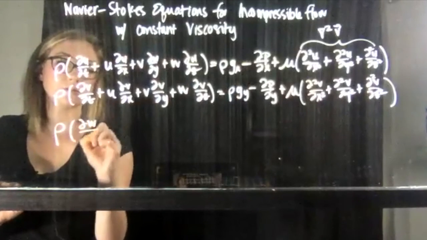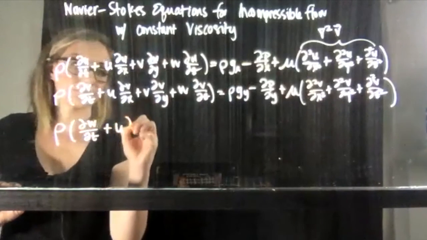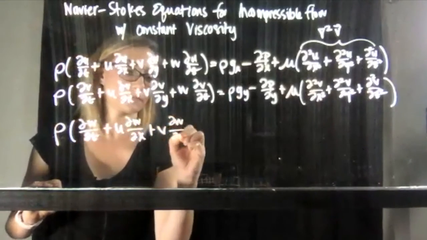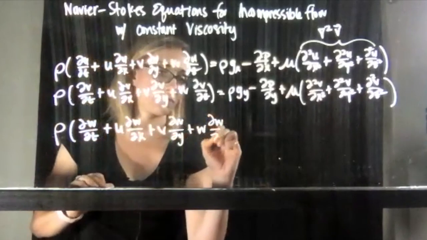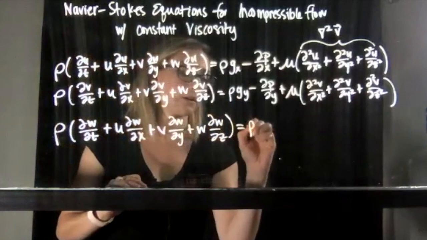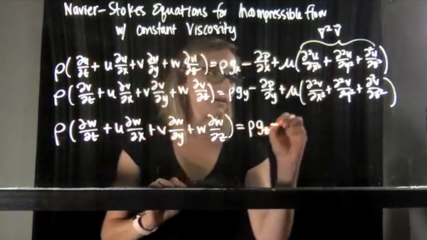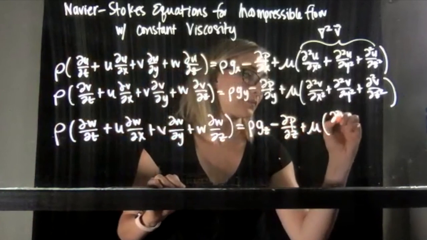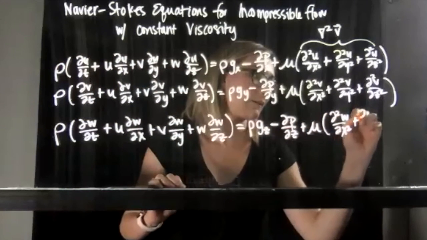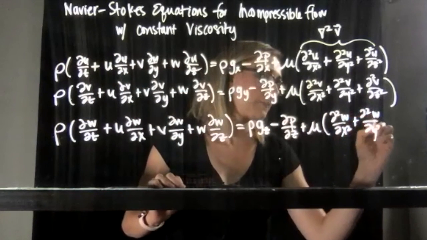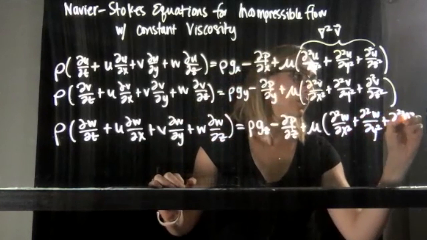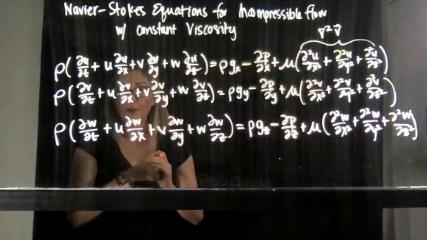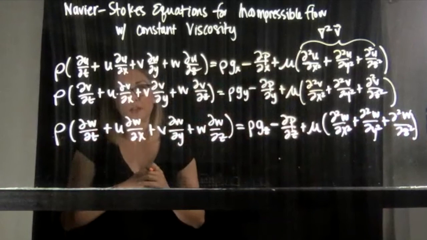We've got our material derivative. And then our body force in the z direction, our contribution from pressure, and then our viscous forces. And those are probably the most standard form of the Navier-Stokes equations.